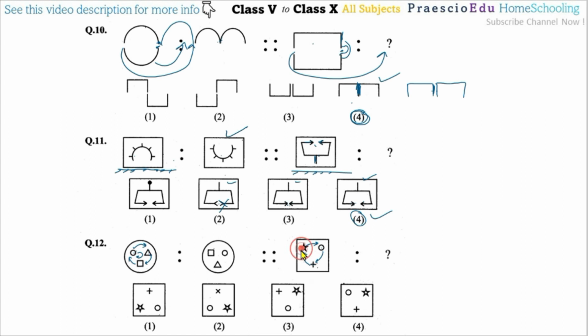So the positive sign will be here, not here, so only option number 3 shows it, and then the plus sign should be here and this star should be at this position, meaning option number 3 is correct. The circle is also shown replacing the star, replacing the addition sign, so that's why option number 3 is the correct one.